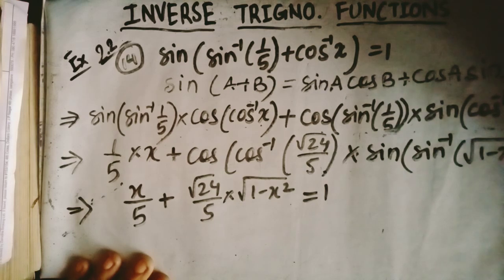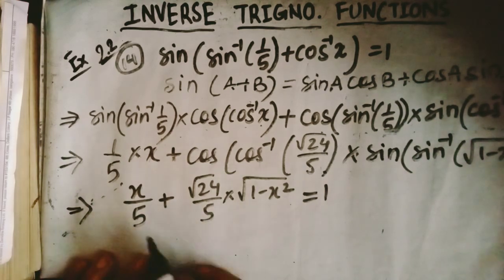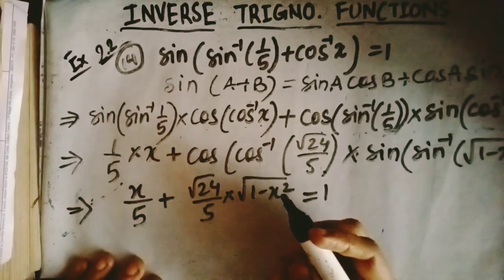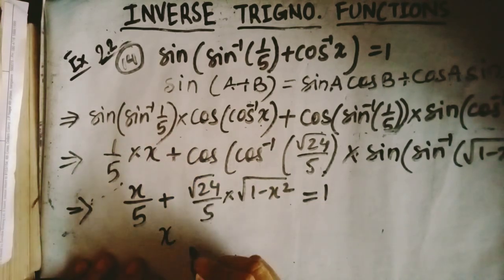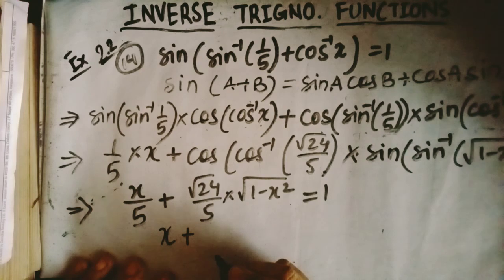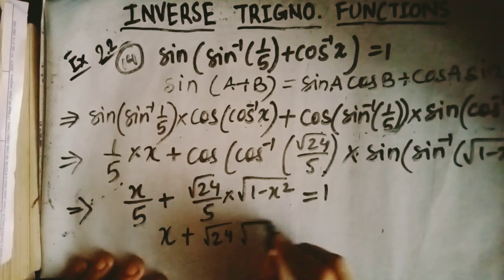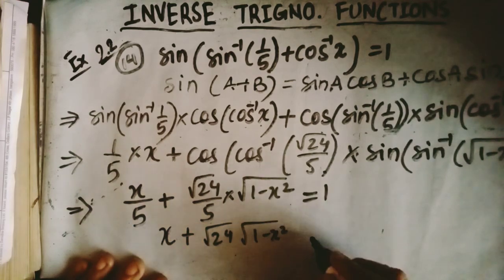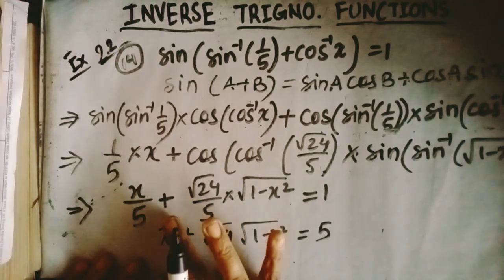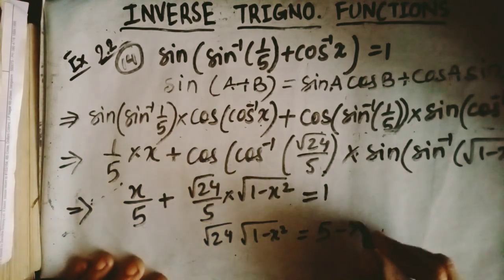Okay. So you have to solve this equation. So here the denominator 5 is there, which gets multiplied here. So you will get x plus root 24 into root 1 minus x square equal to 5. So this x you can take to the other side.